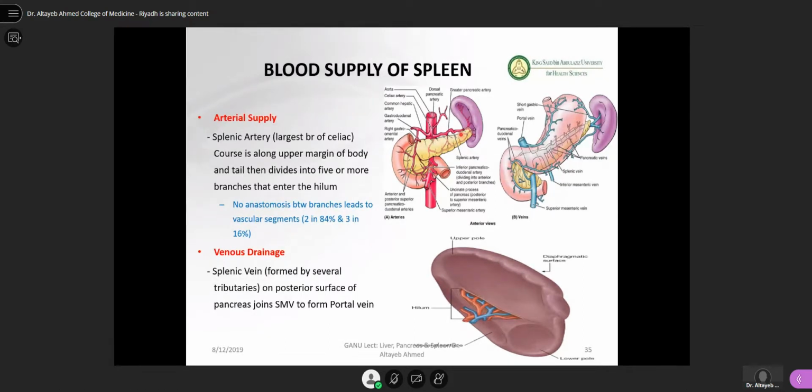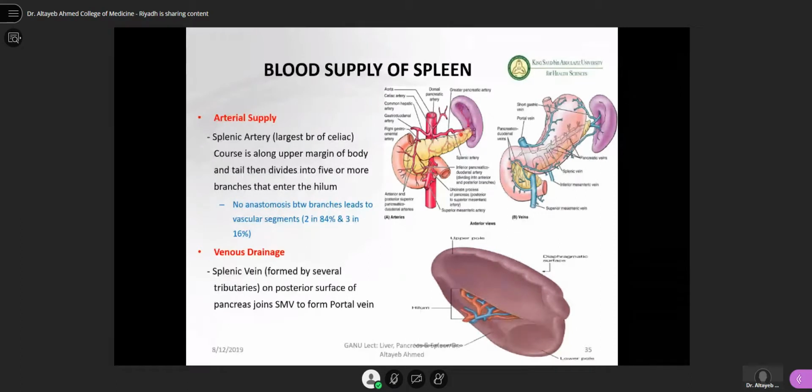Here I want you to remember this, and this is very important clinically: these branches are true end arteries. What does that mean? When it divides to a certain segment, there is no anastomosis between two adjacent segments. The spleen has 2 to 3 vascular segments. The importance of this comes in sickle cell disease because the terminal part of these arteries, we call them penicillar arteries.